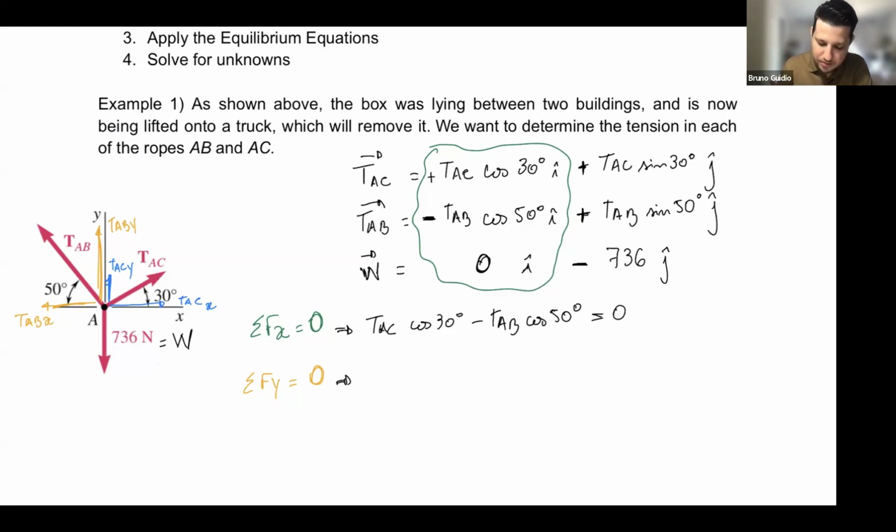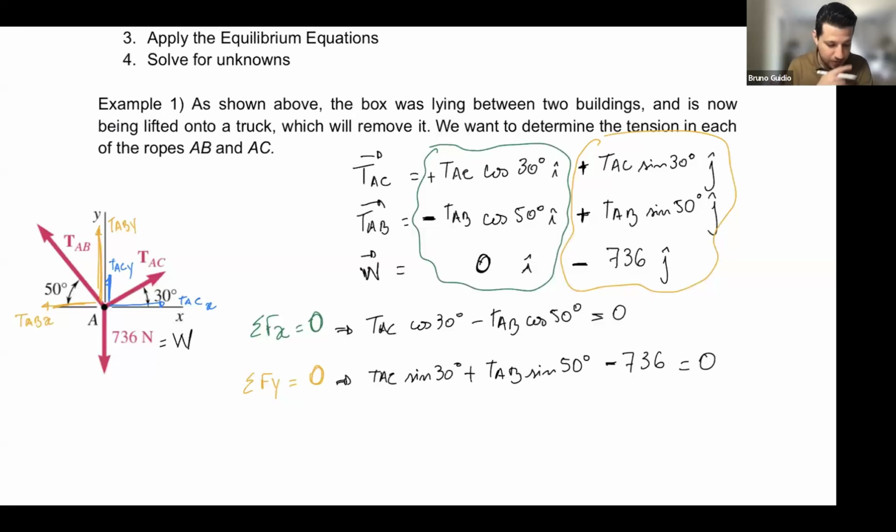What about the next one? Sum of the force in y should also be 0: TAC sine of 30, plus TAB sine of 50, minus 736, should be 0.